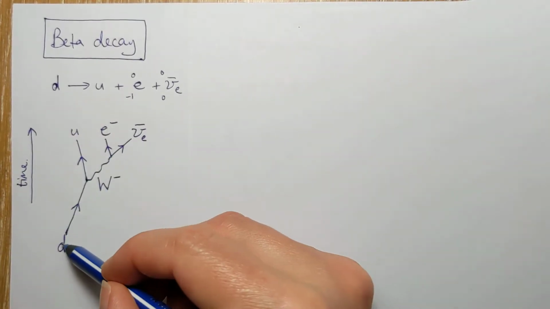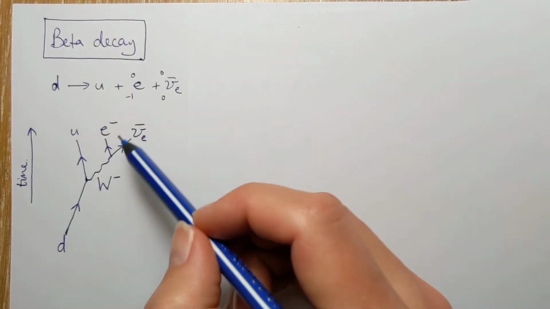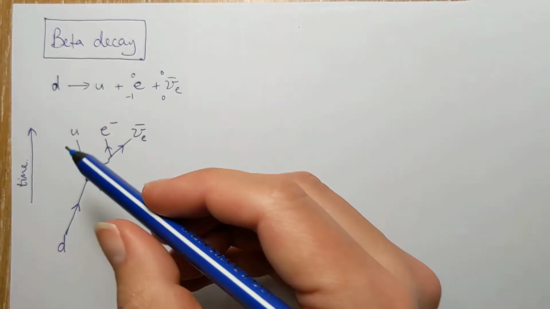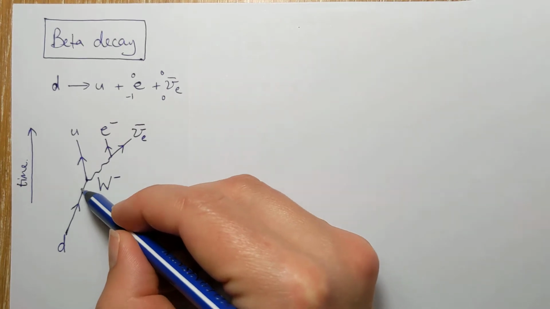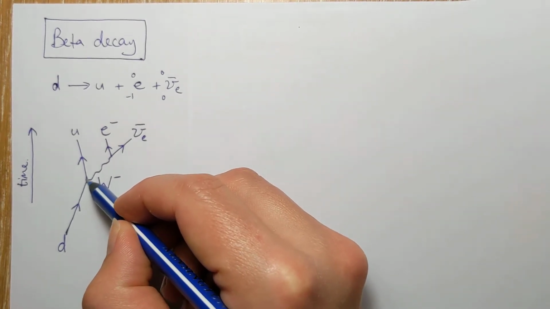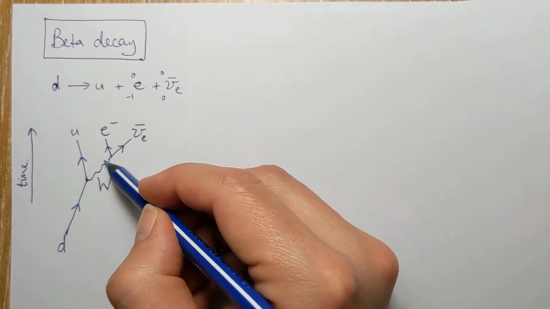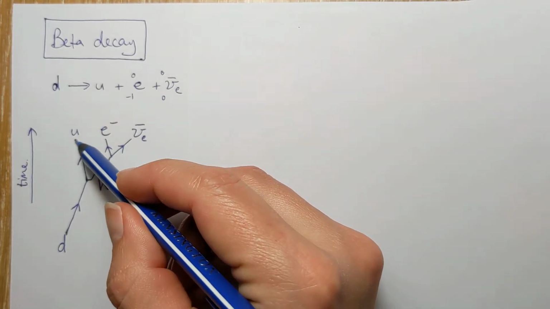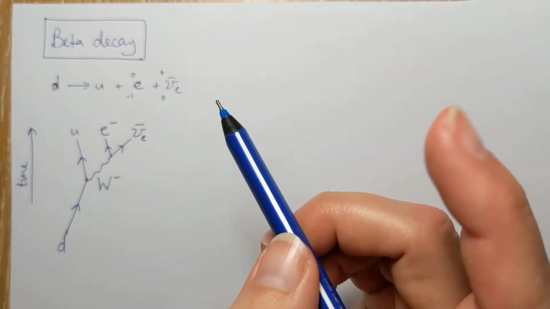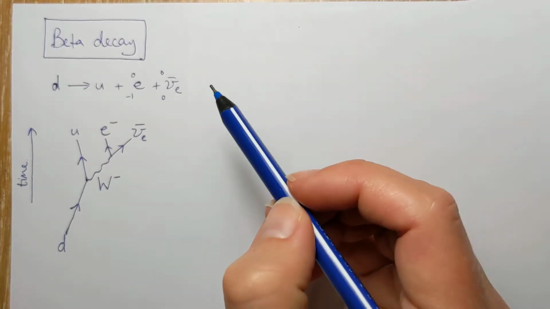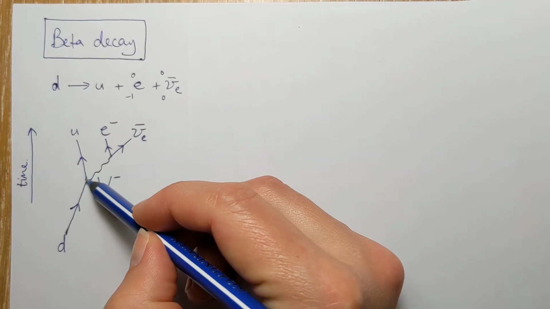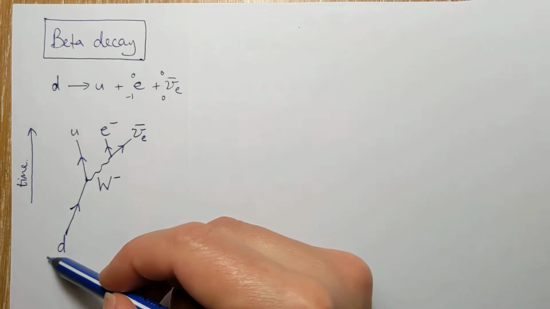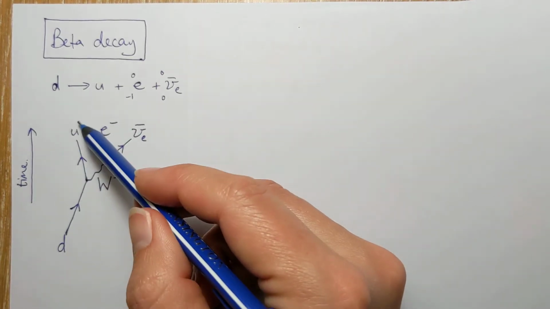So in beta decay, you have a down quark, and then there's going to be a weak interaction, and it's going to turn into all those things. So here's the down quark first of all, and the first thing that happens is it throws out a W- boson, and that turns it into an up quark. Now notice the conservation laws are all met in that interaction, because we've got a third of a baryon turning into a third of a baryon.